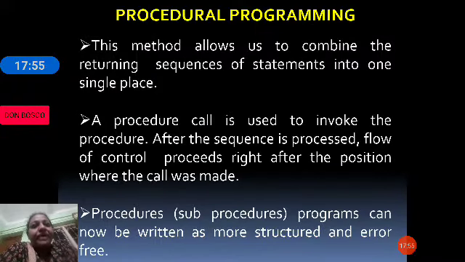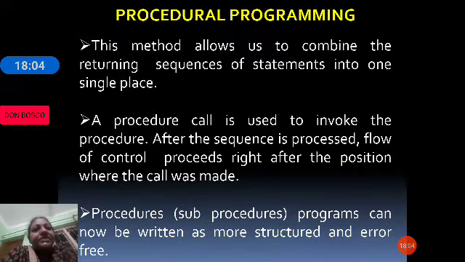Let's go back to the definition of procedural programming and study how it works. This method allows us to combine the writing of a sequence of statements into one single place. A procedure call is used to invoke the procedure. After the sequence is processed, the flow of control proceeds right after the position where the call was made.